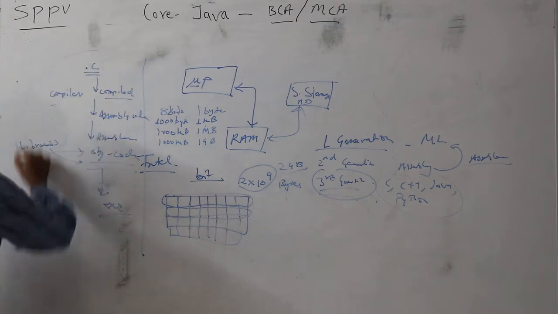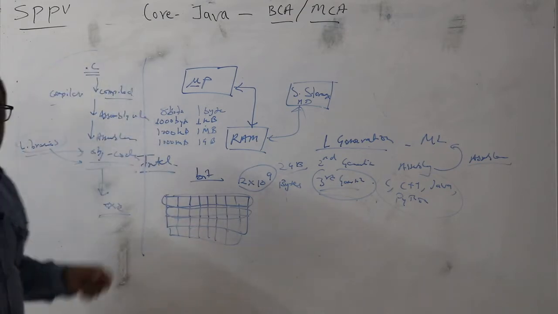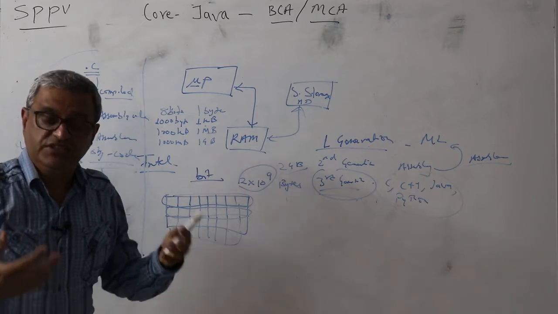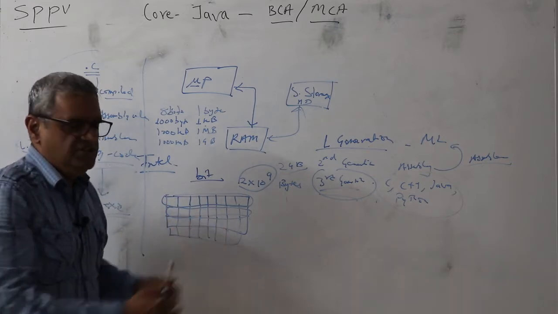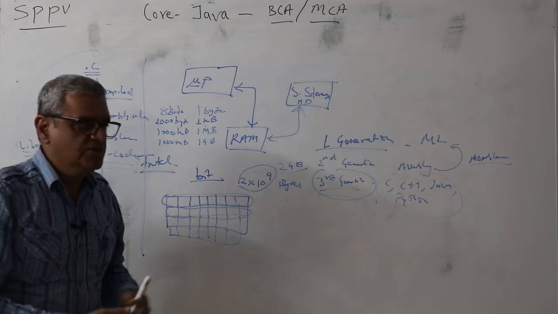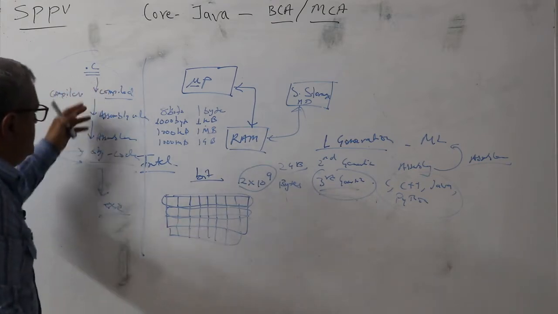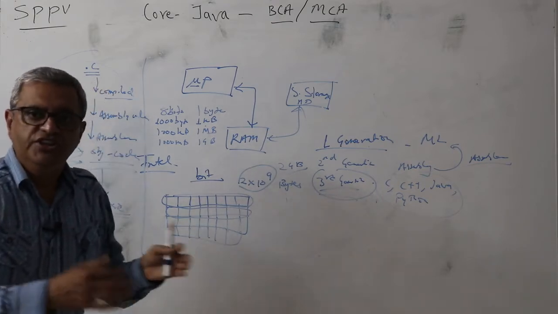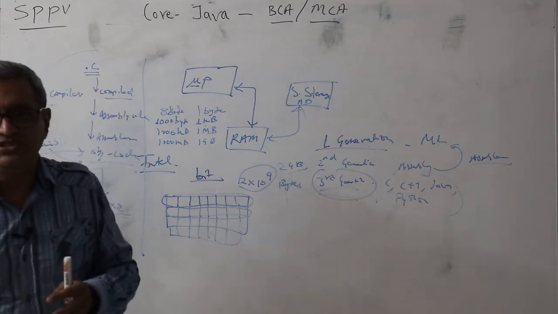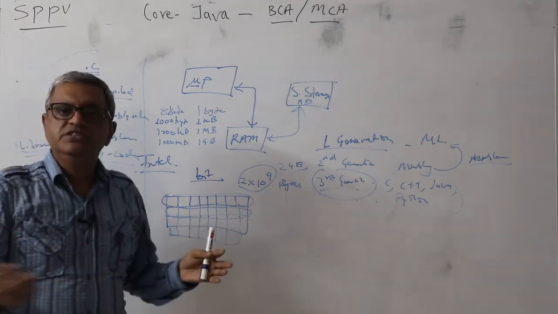So to compile, there are a number of steps. Compilation initially finds the syntax errors. If there are any syntax errors in the code, the compiler flashes them out. On removing the syntax errors, the generation of assembly code and the conversion of assembly code to object code may not be visible to you.